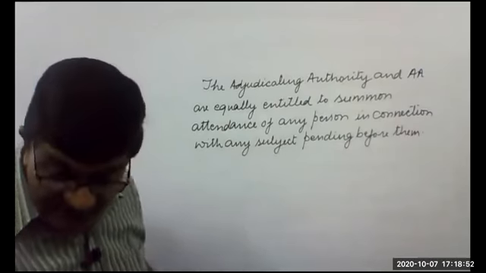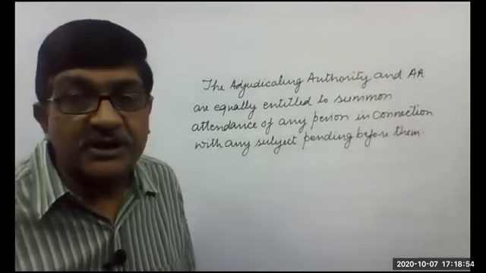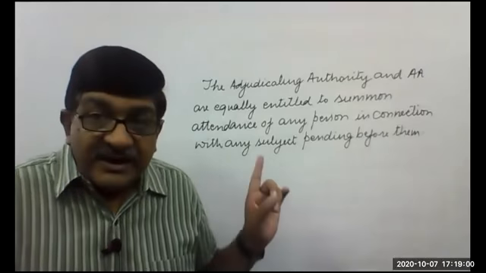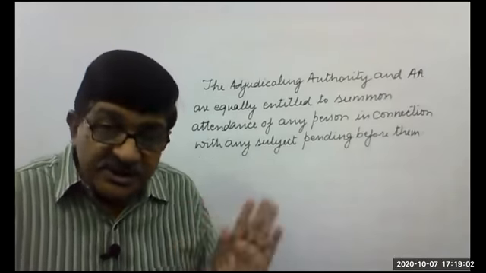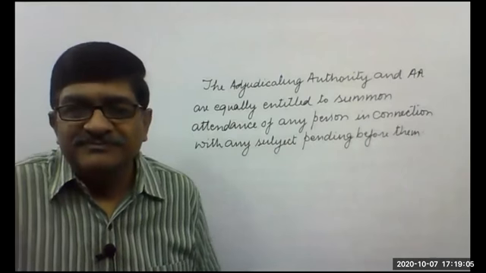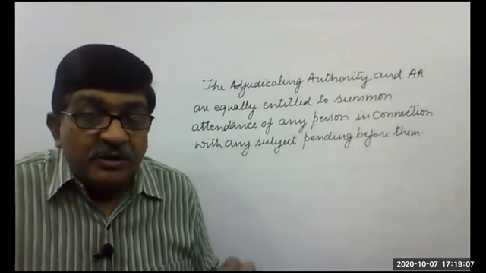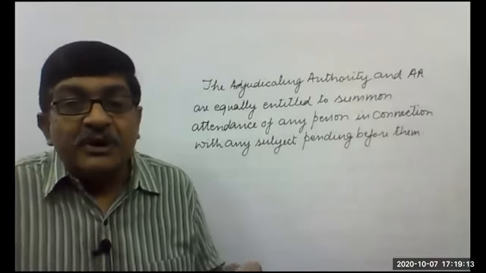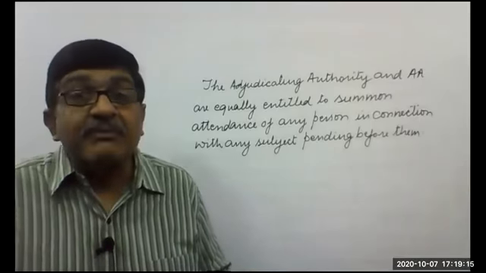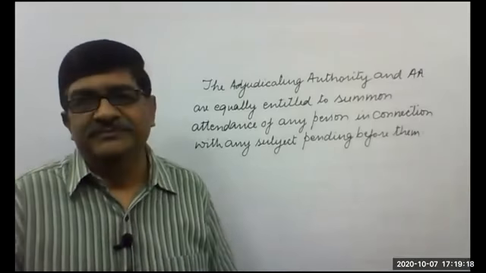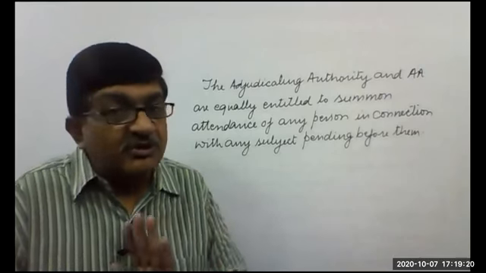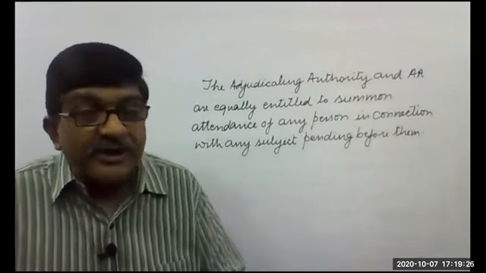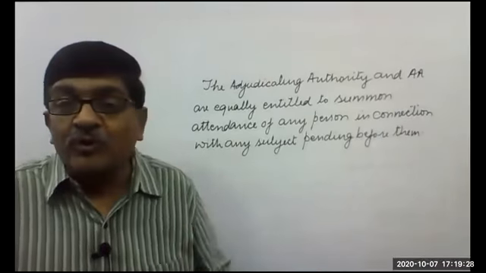Now, this is the only case where the powers of adjudicating authority and appellate authority are the same. Otherwise, earlier I have already explained the distinction between the two, where the role of adjudicating authority ends. Therefrom, the role of appellate authority may begin, provided an appeal is filed. If an appeal is not filed, there is no role for the appellate authority. And once the matter is with the appellate authority, then adjudicating authority will have no role.